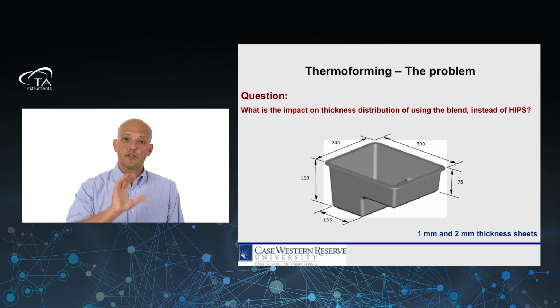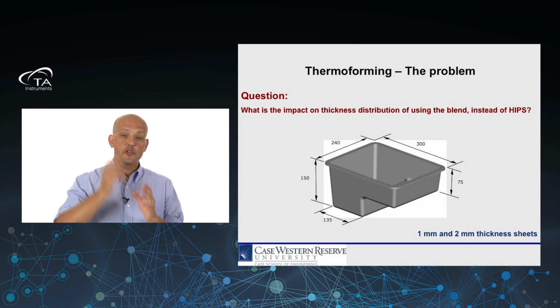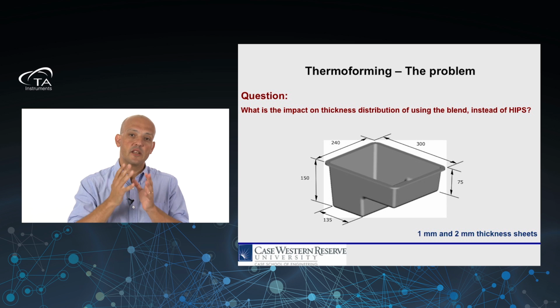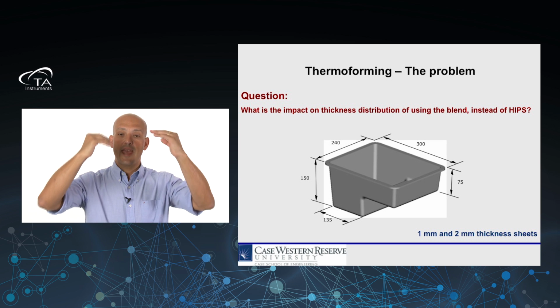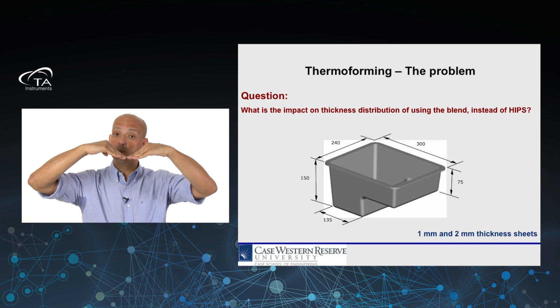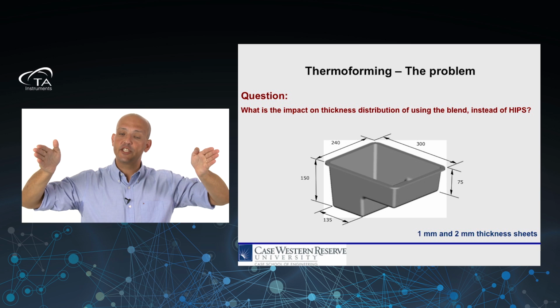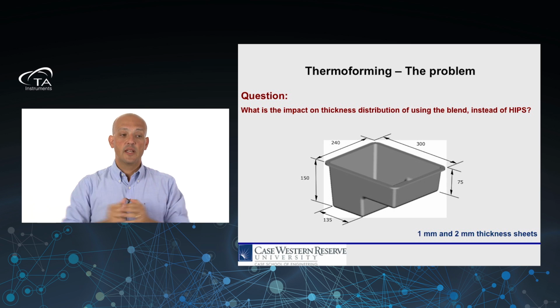And this part was carefully chosen because there are two fundamentally different types of thermoforming. There's regular thermoforming where you have relatively shallow parts, and the sheet, when the sheet is deformed, it hits the bottom of the mold first and then spreads to the sides, to the side walls.